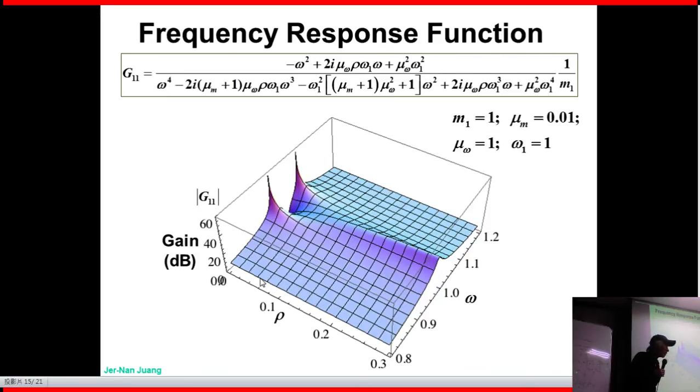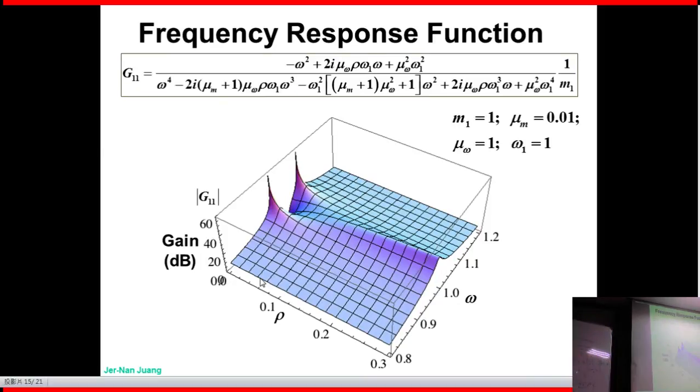Any questions? Simple, right? TMD is really simple, in a sense. Any questions? Of course, I assume that my TMD mass is 1% of the system mass, and I assume that my TMD frequency and the system frequency are the same.